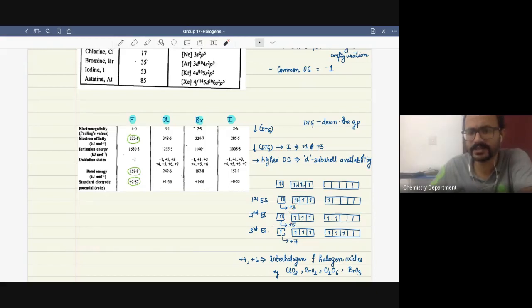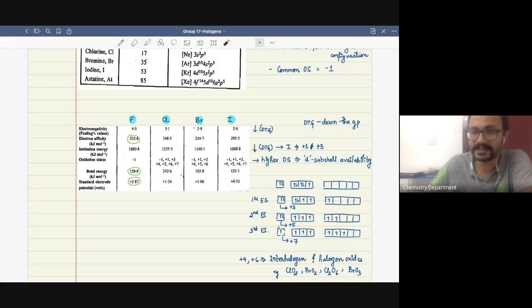And if it undergoes a second excitation, whereby these electrons are unpaired to excite them into the d subshell, now it can form 1, 2, 3, 4, and 5 covalent bonds. And as a result, the oxidation state possible in this case is +5.